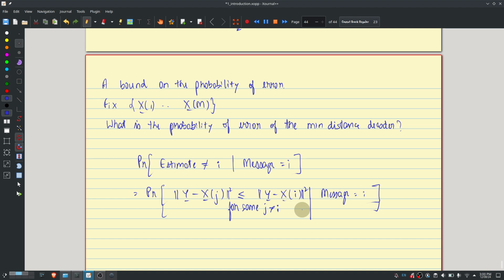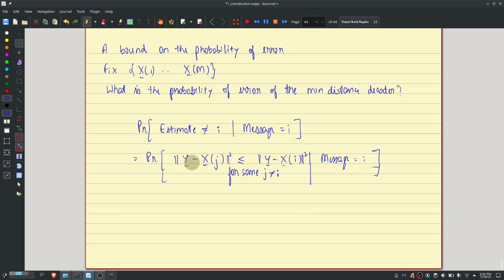It's a union of how many events? M minus 1 possible events. Suppose that the transmitted message is 1, then it's closer to x of 2 or x of 3 or x of 4 up to x of M. So this is equal to the probability of the union of a bunch of events.